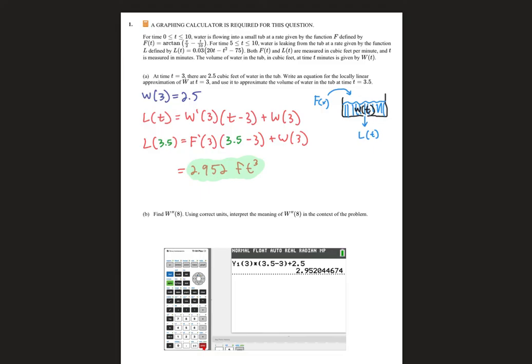Because w represents the volume of the water, so w prime will be the rate that the volume of the water is changing. Okay, notice that is just given by f of t. That should be a t there. I'm going to fix that.